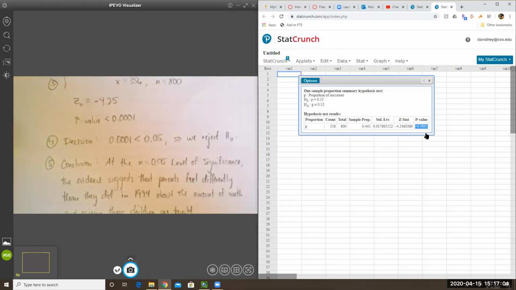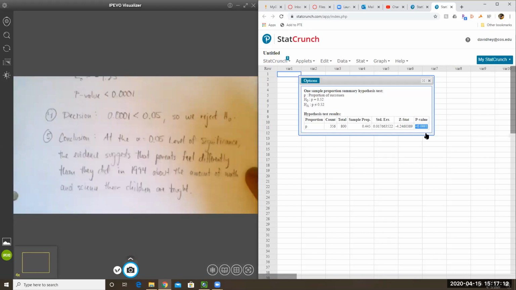Okay, so at the 0.05 level of significance, the evidence suggests that parents feel differently than they did in 1994 about the amount of math and science their children are taught. And that's our conclusion to that problem.